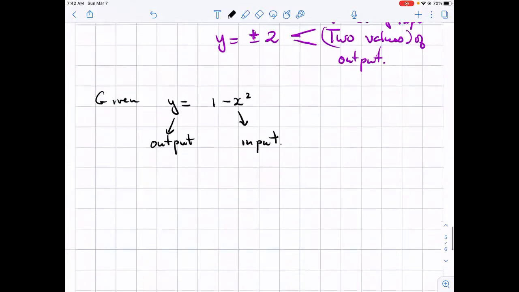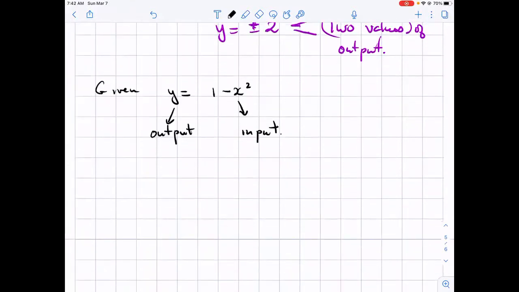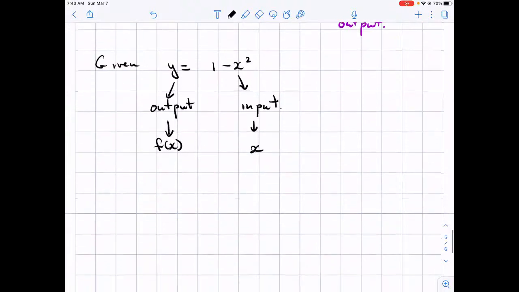Now, because we're talking about functions, we want to represent the output as f of x. The output is still y, but y is now being replaced with f of x. The input is still x. So the new equation that we'll be working with is f of x is equal to 1 minus x squared. This is where we have function notation.